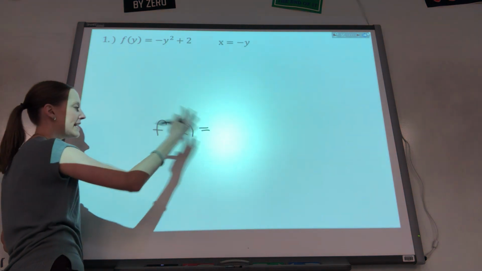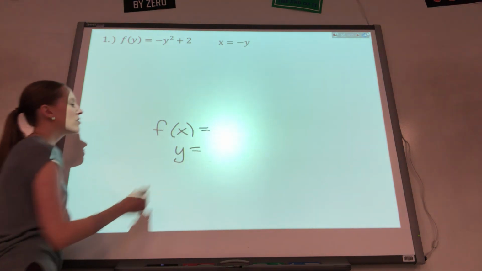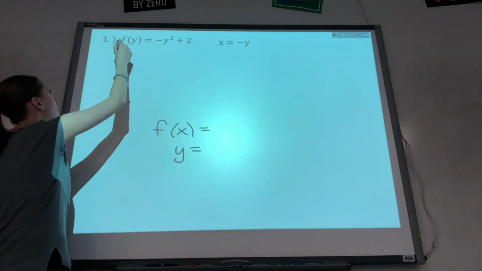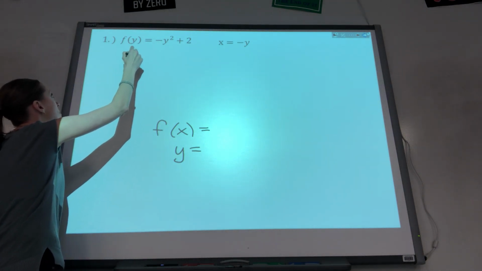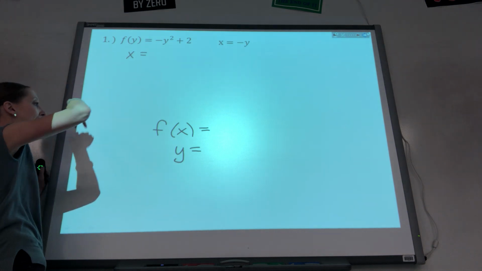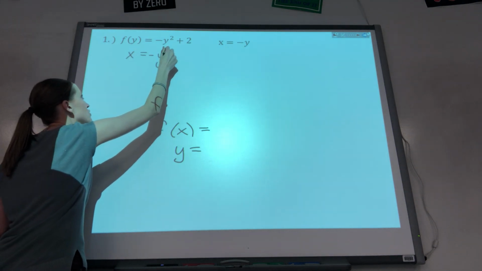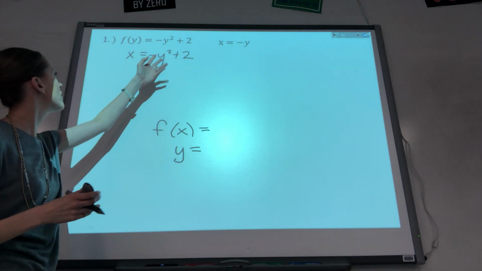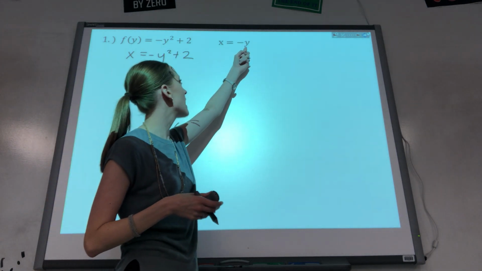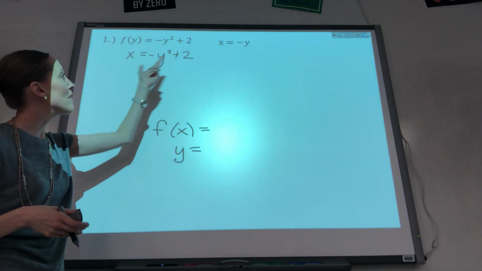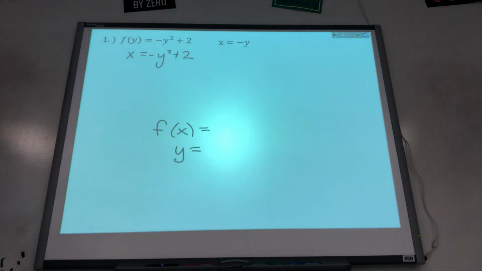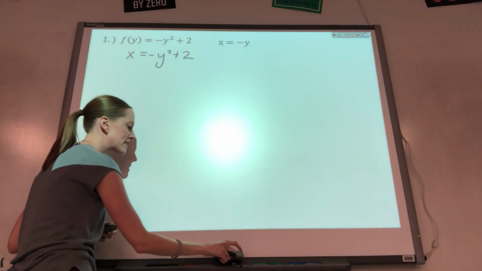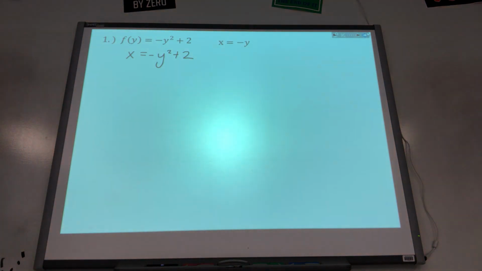F of x equals, we all know that that is the same as y equals. So f of y is going to be the same as x equals. It's just kind of opposite notation here. Usually we've got x's on this side, but now we have y's on this side. Okay, but the reason for that is because we're going to integrate with respect to y.